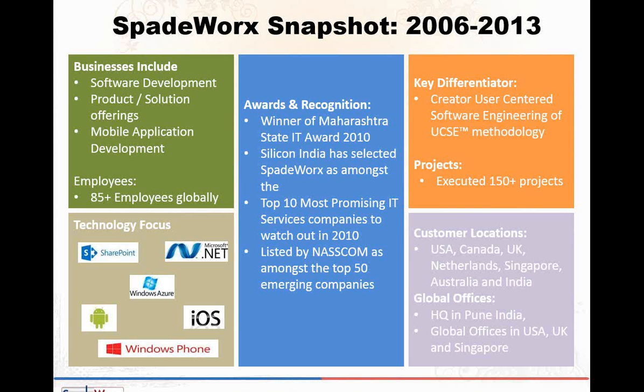We are now around 85 plus employees spread across our offices in India. Primarily, the delivery center is in India, but we have sales offices in the US and other locations as well. We have successfully executed around 150 plus projects, and the important differentiator that we bring to the table is called UCSE, User-Centered Software Engineering. This is a trademarked methodology adopted by Spadeworks while developing solutions.